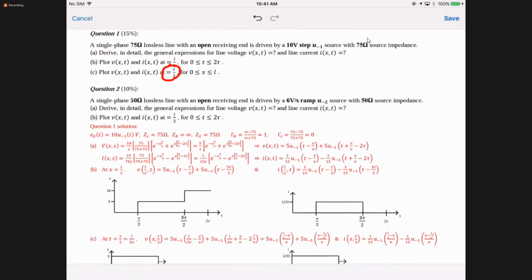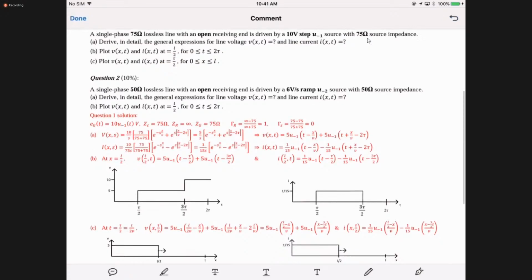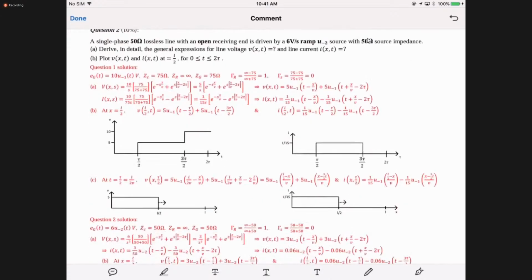Pick the critical points, then you can draw it. When x equals 0, you have the 5 because you start to see the step wave, and then you pick another point at the middle of the line.